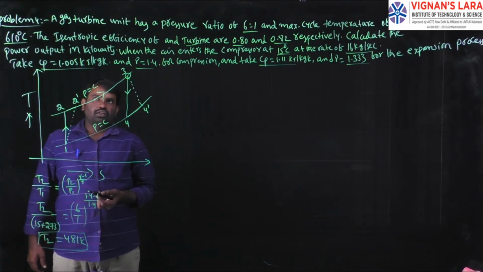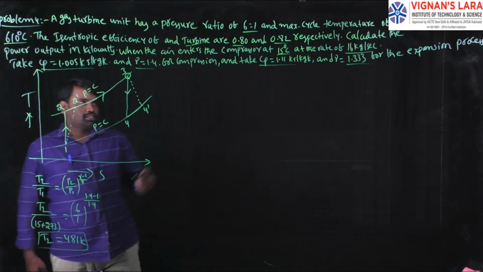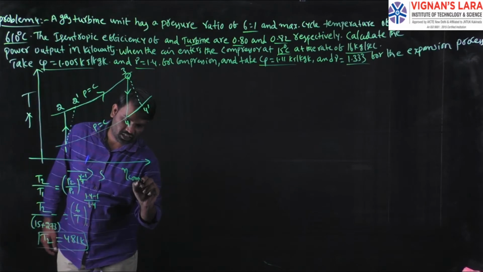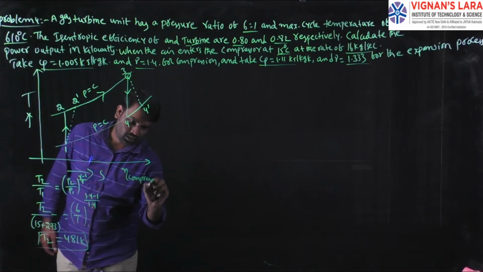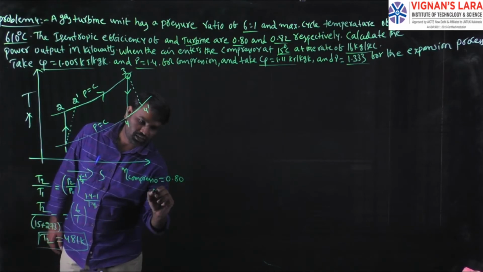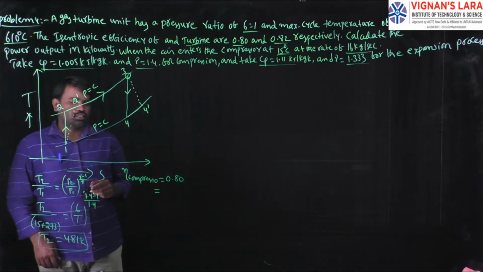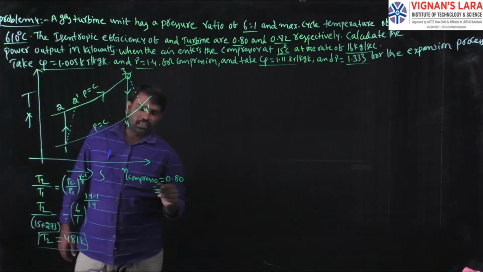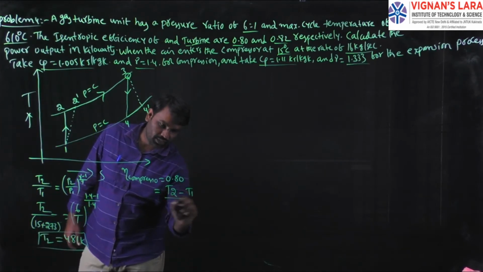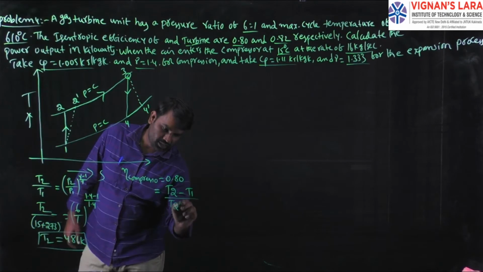Before that, in the present problem the compressor efficiency is mentioned, that is 0.80. The compressor efficiency in terms of temperatures we can write as T2 minus T1 divided by T2 dash minus T1.